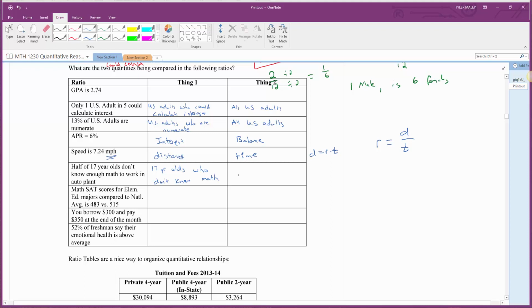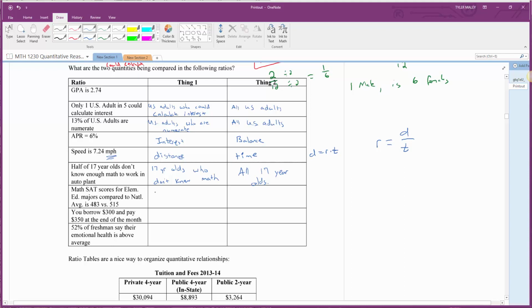Compared to all 17-year-olds. Right, the next row says math SAT scores for elementary education majors compared to the national average is 483 versus 515.